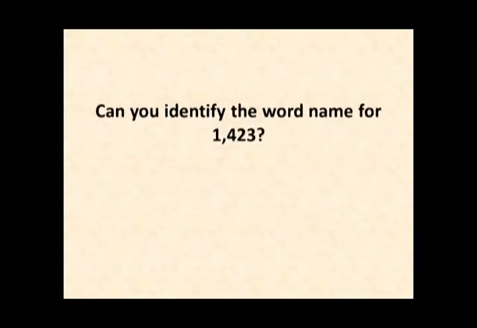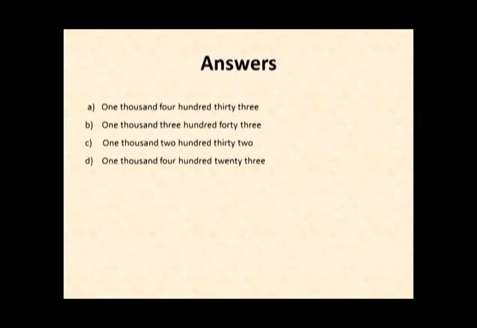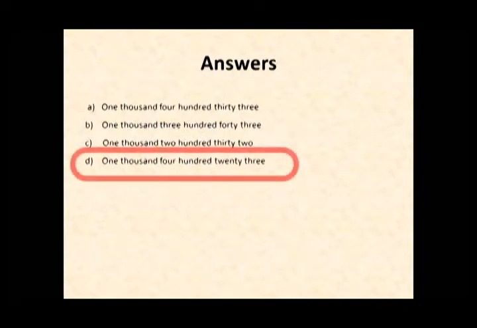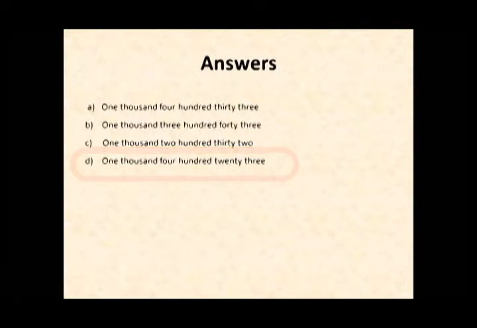Let's go back and look at the number. Take a close look. Let's go back to our answers. What do you think the answer is? If you said D, then you are correct.